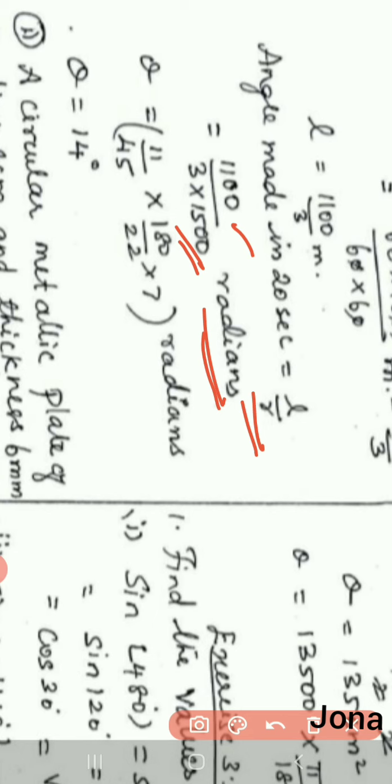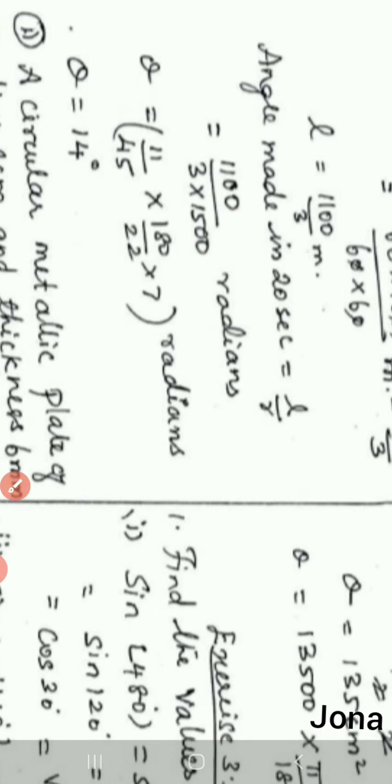So theta equal to, we can cancel these two zeros, and we have 11 by 45. Then for this radian we multiply by 180 by pi, and pi can be written as 22 by 7. Take the reciprocal, so 180 by 22 into 7. If you simplify everything, we will get theta equal to 14 degree. So the angle subtended there is 14 degree.